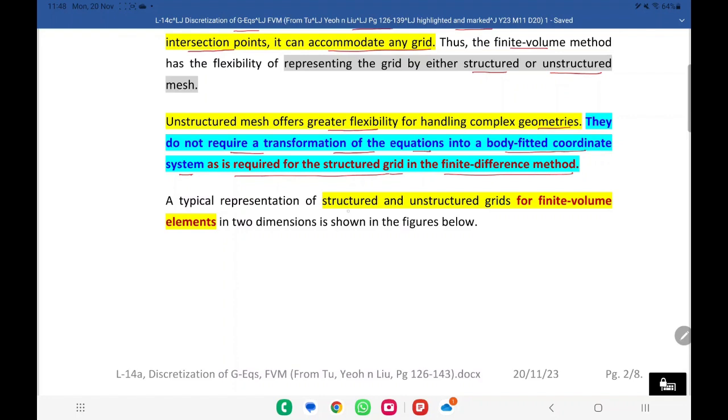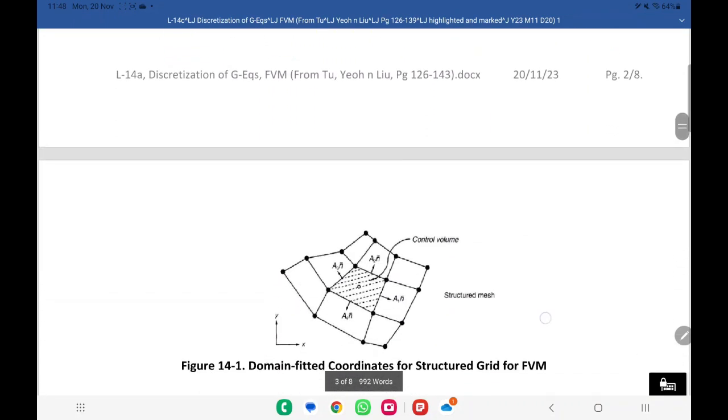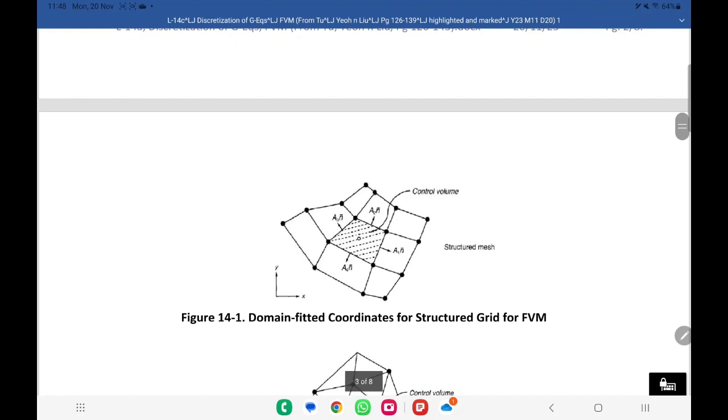A typical representation of structured and unstructured grids for finite volume elements in 2 dimensions is shown in the figure below. Now look at this figure. This is an irregular shape, right?